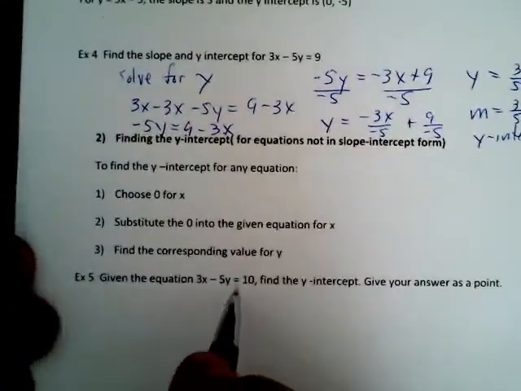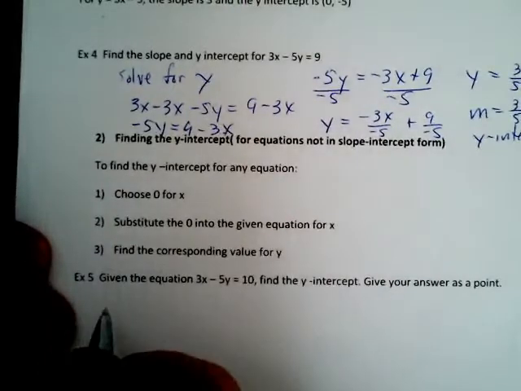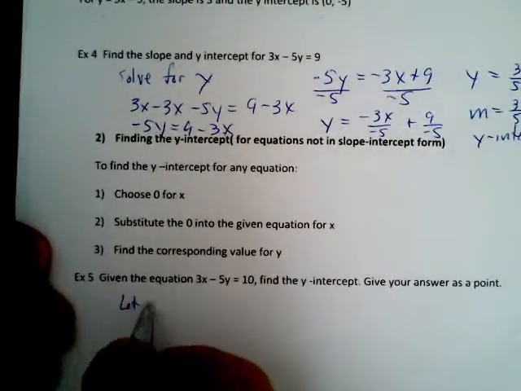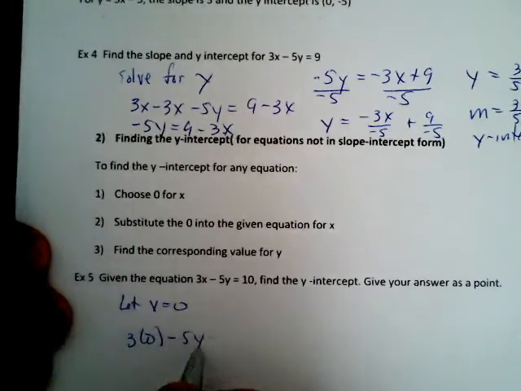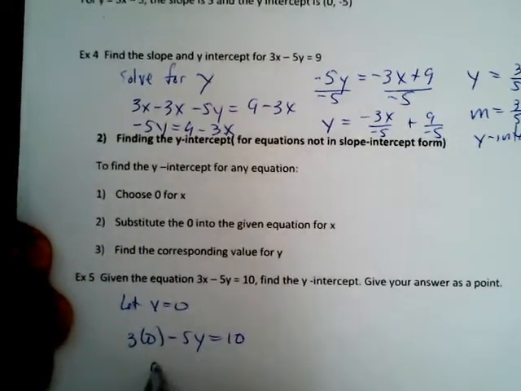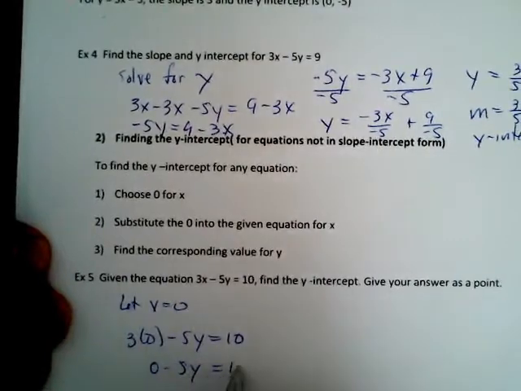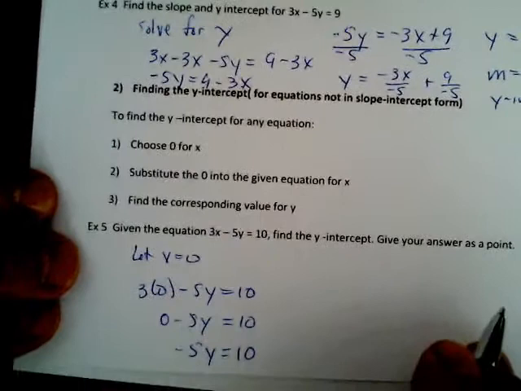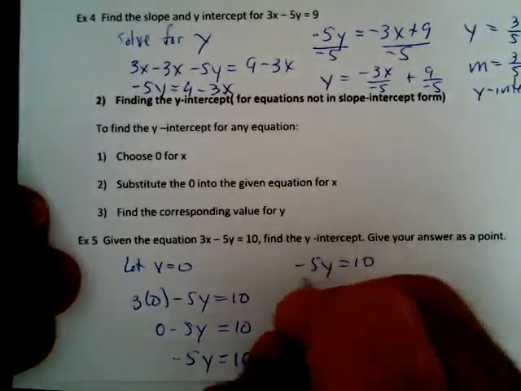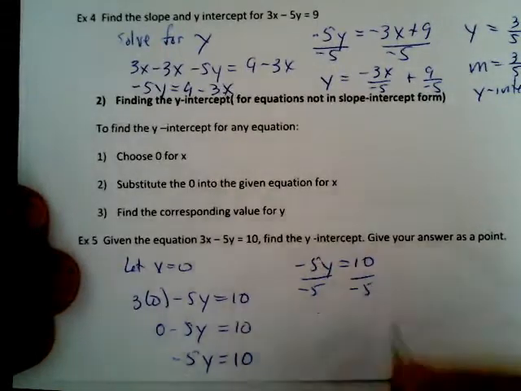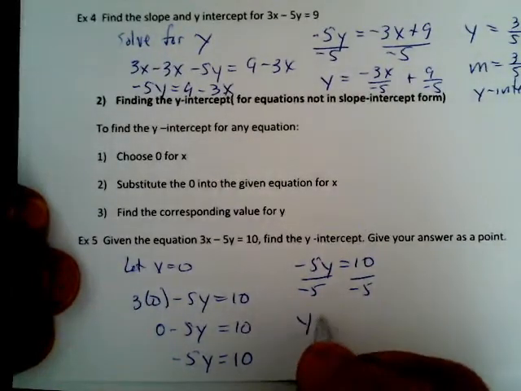So down here, if I want to find the y-intercept, I let x equal 0, which gives me negative 5y is 10. Divide both sides by negative 5. Again, watch your signs here.